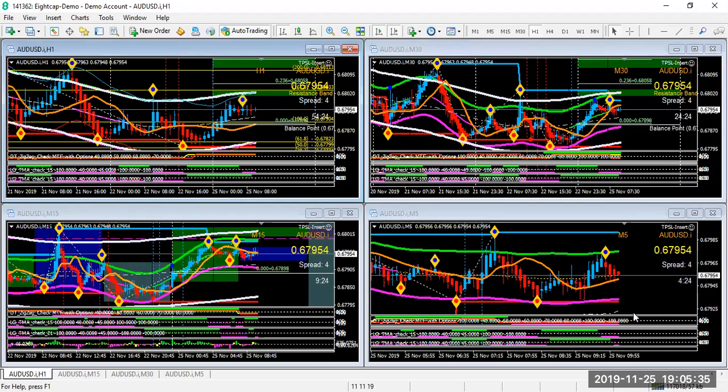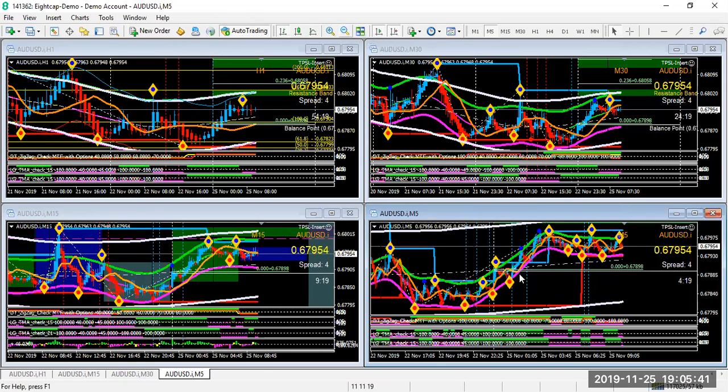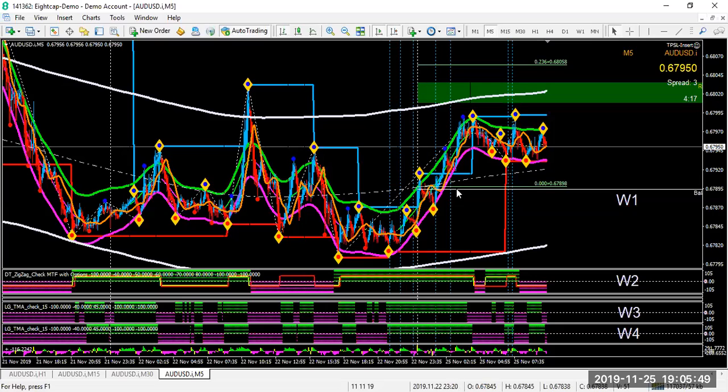Okay, so that makes our assessment a lot easier in understanding the movement of our price action and our targets. Okay, so price action here in Aussie.